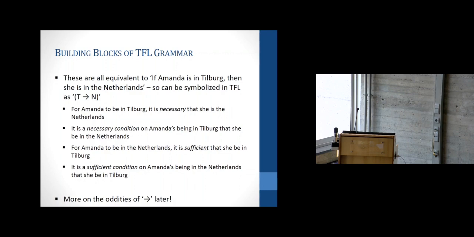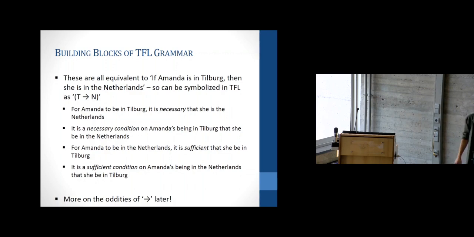If you're in Tilburg, then necessarily you're also in the Netherlands. So if you look at this, if T then N, the necessary condition for being in Tilburg, for the antecedent to be true, is expressed in that consequent. It is a necessary condition on Amanda being in Tilburg that she's in the Netherlands. Okay, that's the necessary condition for being in Tilburg.